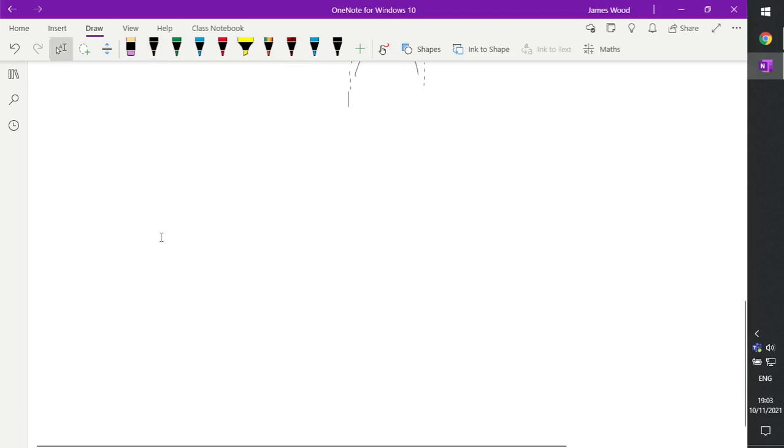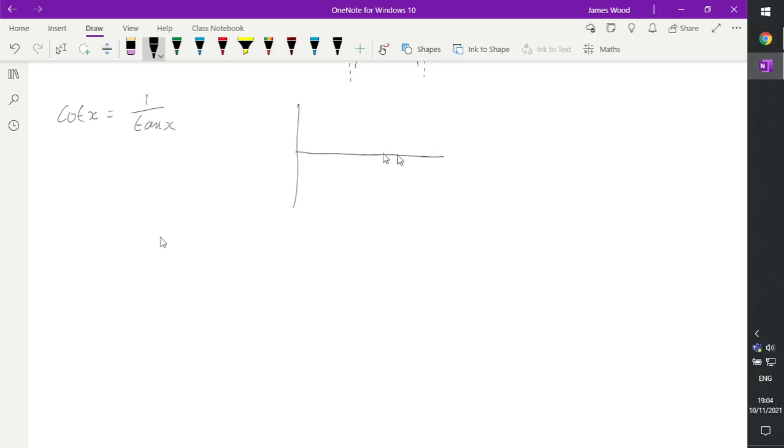Okay, the last one then is cot x, which is 1 over tan x. So again, we're going to start by just drawing the graph of tan x. Okay, so this is just between 0 and 360.